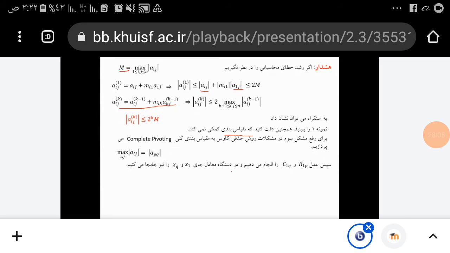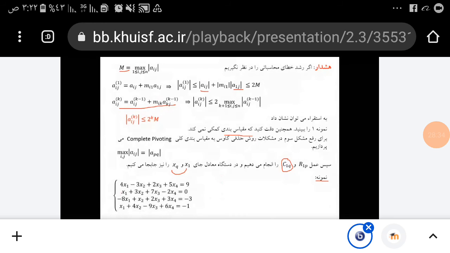But you should consider that you have to swap x1 and xQ because you changed their columns. Okay, you can see an example here to explain all of these that I told you.